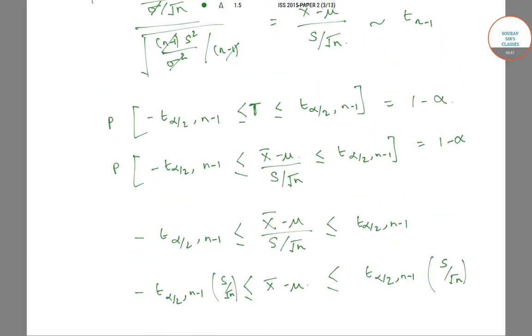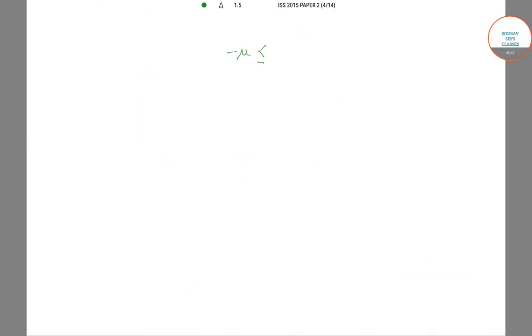Now from here we get minus mu is less than or equal to minus x bar plus t alpha by 2 comma n minus 1 into s by root n, and it is greater than or equal to minus x bar minus t alpha by 2 comma n minus 1 into s by root n.